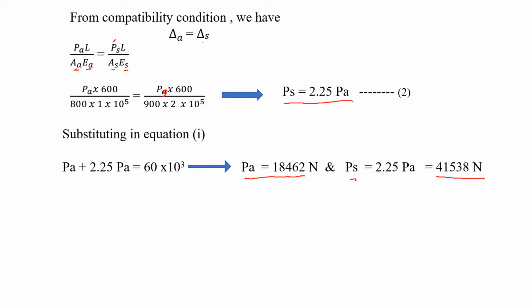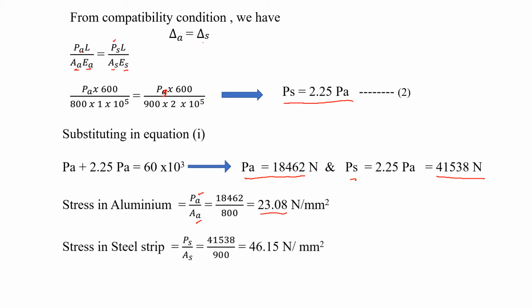Knowing the loads taken by steel and aluminium separately, we can find out the stresses by dividing with the corresponding area. That is, stress in aluminium is load taken by aluminium divided by area of aluminium and the value is 23.08. And stress in steel, load taken by steel divided by area of steel, the value is 46.15 Newton per mm square.